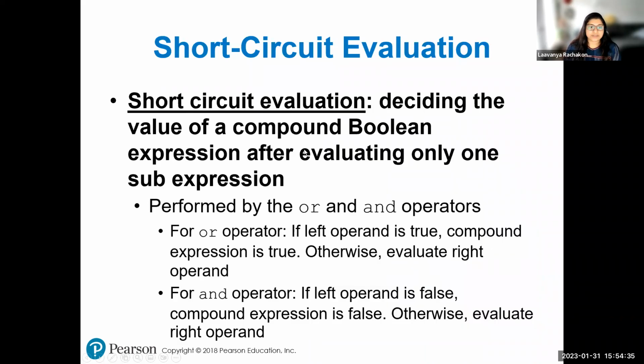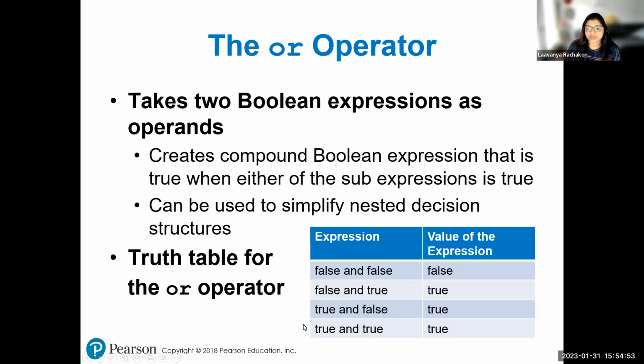So that is the OR and AND operators. For the OR operator, if the left operand is true, the compound expression is true. Otherwise, evaluate the right operand. So instead of using this short circuit evaluation terminology, I would just suggest you memorize and understand this.